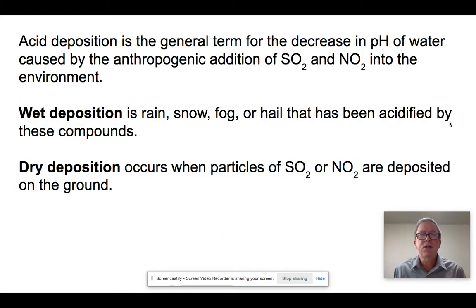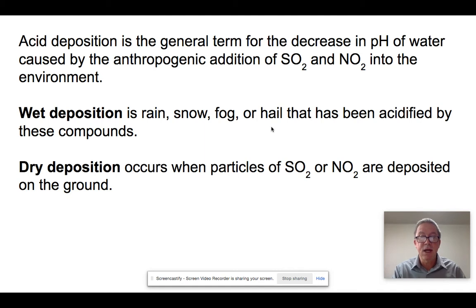So let's just briefly touch on this concept of deposition being the term instead of rain. Okay, so acid deposition is just a general term we use for the decrease in pH of rainwater, or just of atmospheric moisture, as a result of interactions with SO2 and NO2 in the environment. So wet deposition would basically mean I have rain, snow, fog, hail, some sort of atmospheric water, whether it be liquid in the case of rain or fog, or solid as in the case of snow and hail.